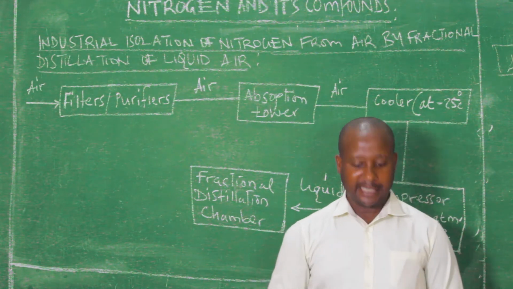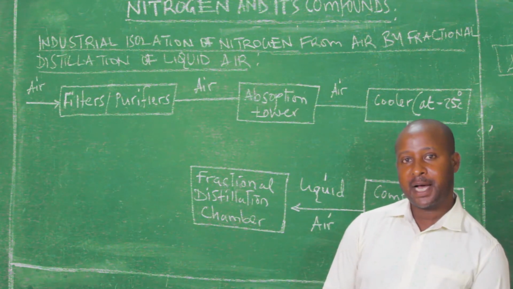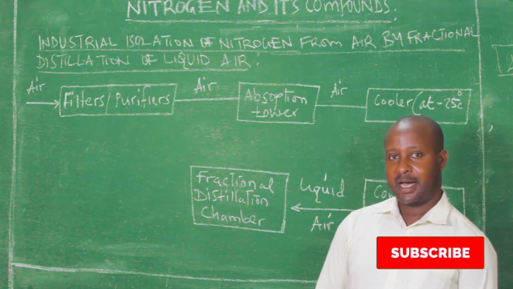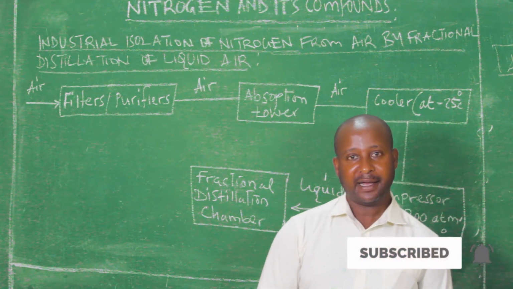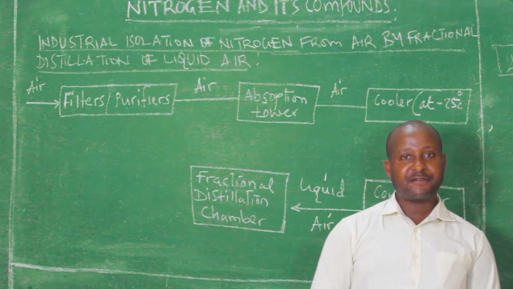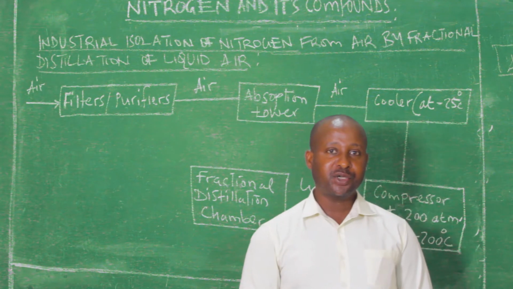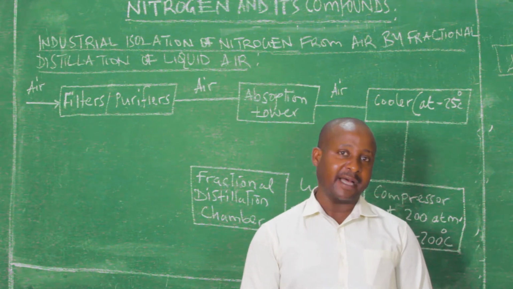Within the fractional distillation chamber, liquid air is fractionally distilled, and we are going to discover here nitrogen, the fact that it has a lower boiling point, usually it comes out fast.